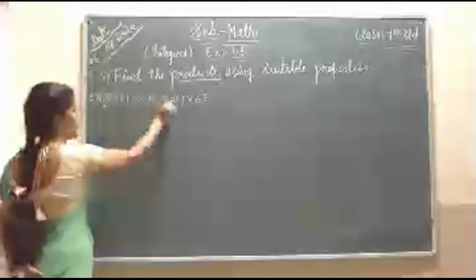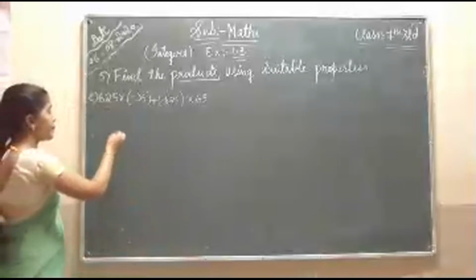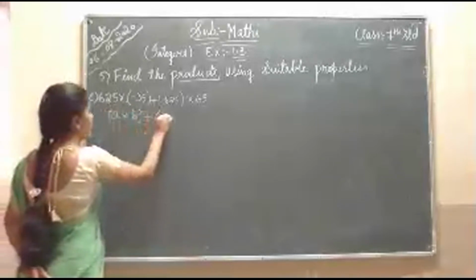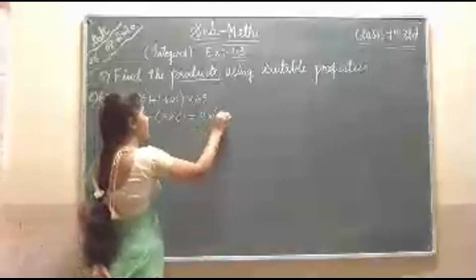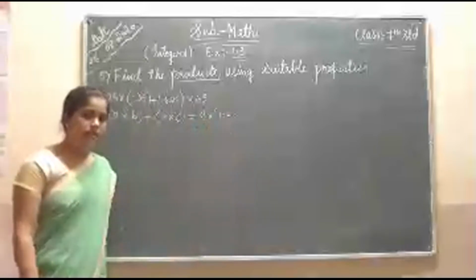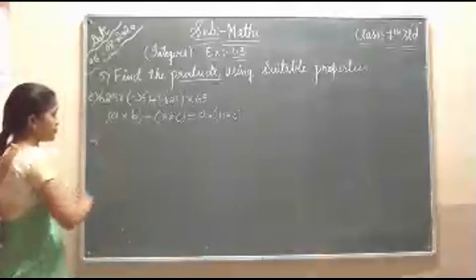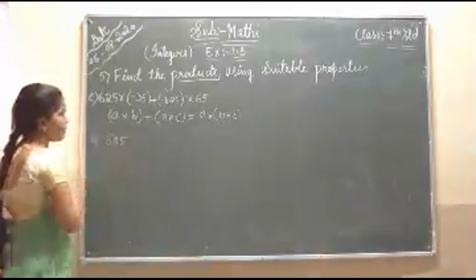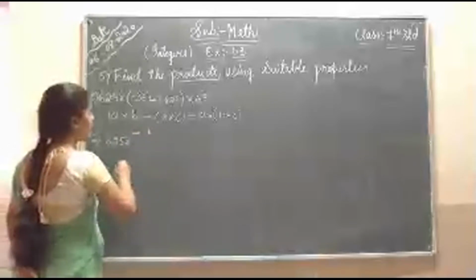because 625 is repeating. There are 2 times 625. Here A into B plus A into C equals A into B plus C. This is the distributive property. Here A is 625. Take 625 common, into what is B?